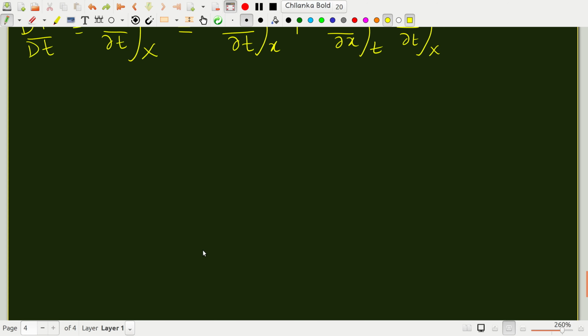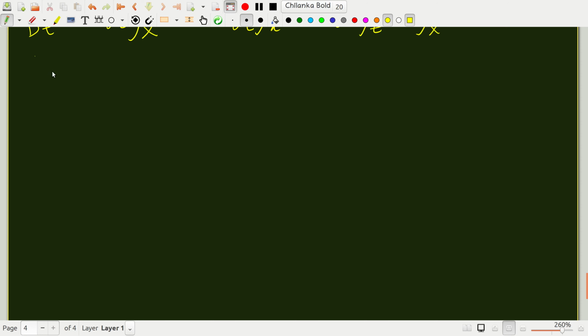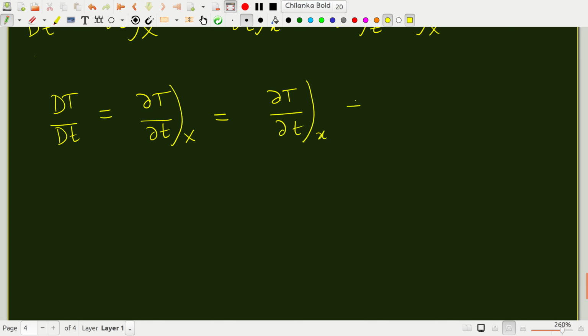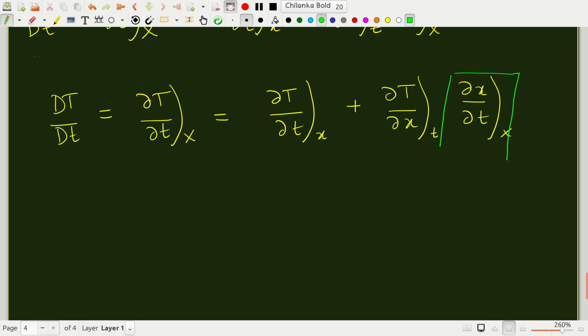Now therefore the substantial derivative dT by dt, which is nothing but the partial derivative of temperature with time keeping capital X constant, is the partial derivative of temperature with time keeping small x constant plus the partial derivative of temperature with respect to x at constant time times dx dt at constant X. Now let's look at this particular term in a little bit of detail to understand what this means.